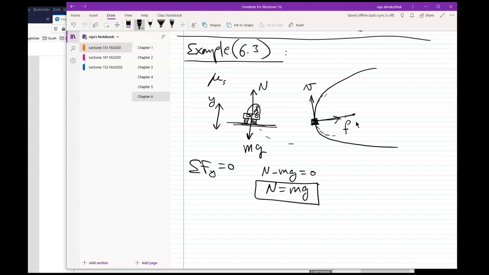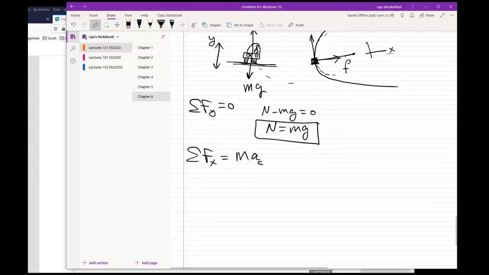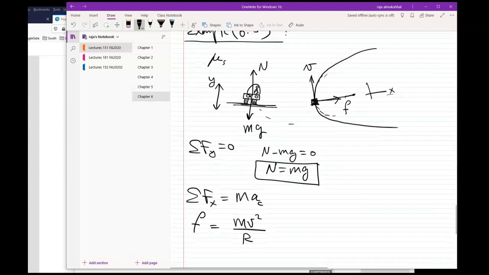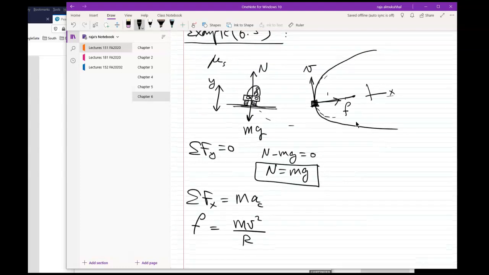Okay? So if I assume this is the x and y, this is the x direction right here. So the sum of the forces in the x direction is equal to ma, a being the centripetal acceleration. So here the force, which is the friction, equals mv squared over the radius of curvature of the road.